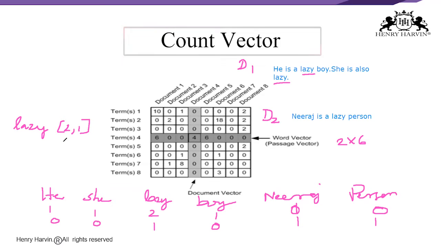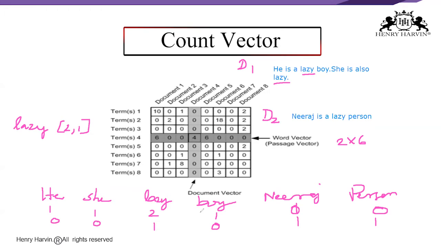And here the rows correspond to the documents in the corpus and the columns correspond to the tokens in the dictionary. So the second row here, D2, has lazy only once, Neeraj only once, and person also only once.